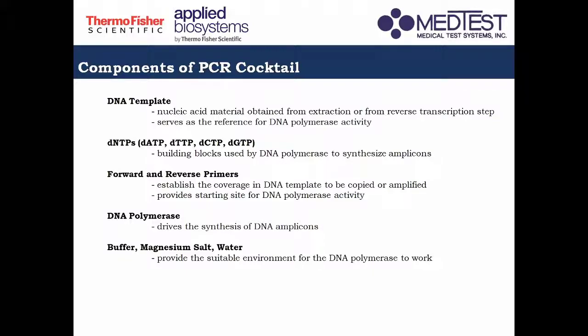What we want is just a target sequence in your DNA template. So in order for us to have a target, we use forward and reverse primers. So these primers establish the coverage in the DNA template to be copied or amplified. And it also provides the starting site for the DNA polymerase to work.